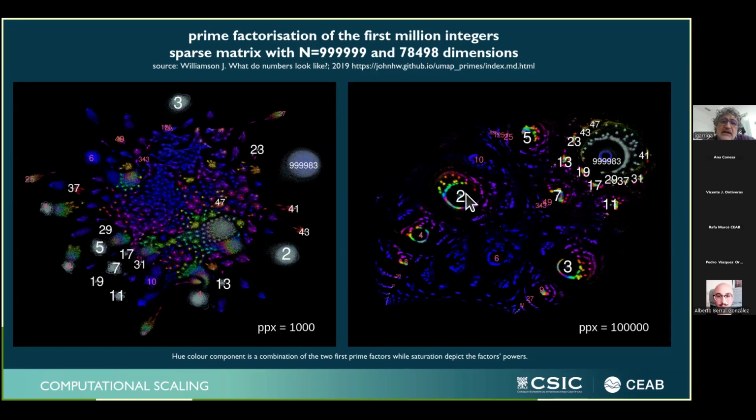And we can see here that the different powers of the prime factors are really organized, something that is not present here. But here we can see it. Here we can see the powers of 2, the powers of 5, powers of 3. And here between 2 and 5, we see the 10. Between 2 and 3, we get 6. Here we have the 7 and the powers of 7.